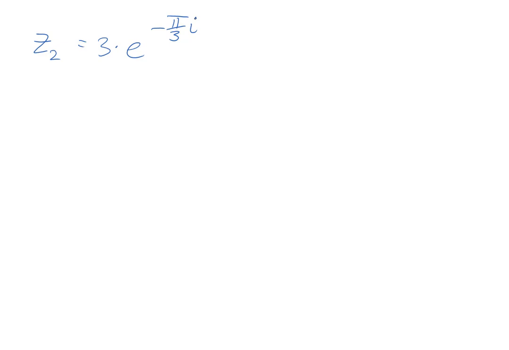So we have A is r times cosine phi, so this is 3 times cosine of minus pi third. And minus pi third is minus 60 degrees, and cosine of minus 60 degrees is a half. So A is 3 half.